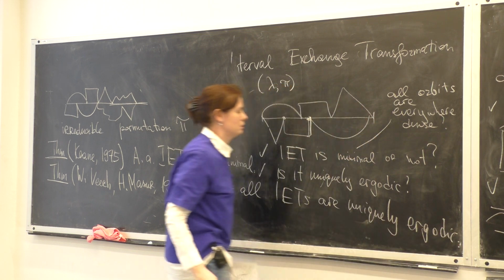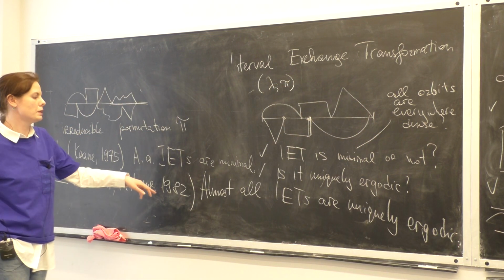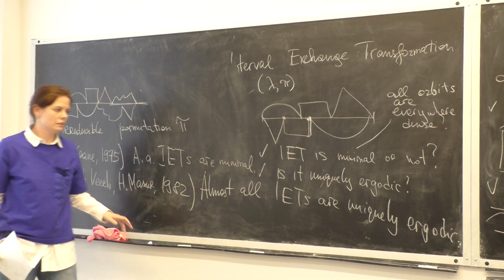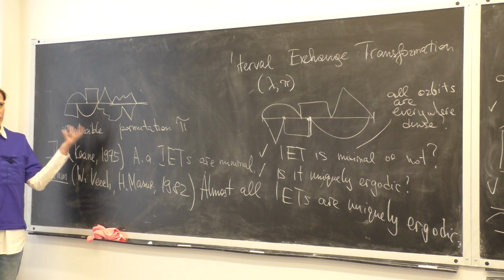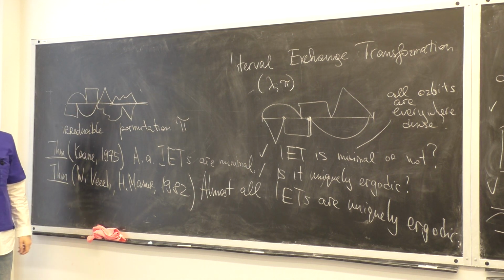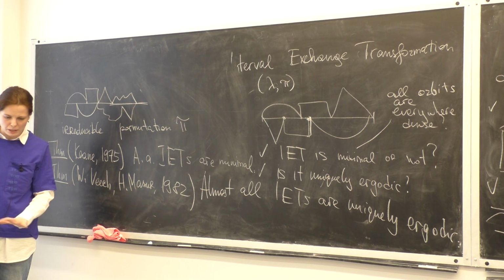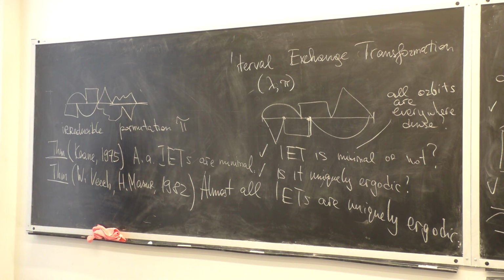I'm not going to discuss at all what almost all means here, because the condition is not as nice looking as in the case of Keane, and also since I restricted my study of Novikov's problem just to minimality, I don't care that much about unique ergodicity today. I just want to show you how much people already understood about this kind of objects.